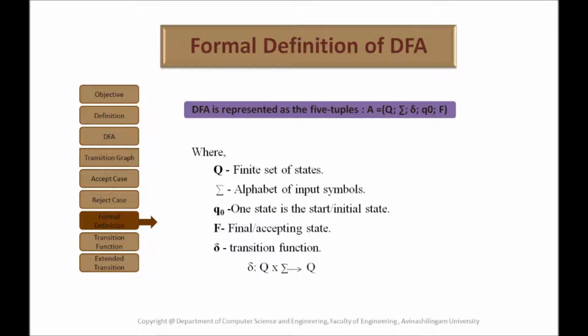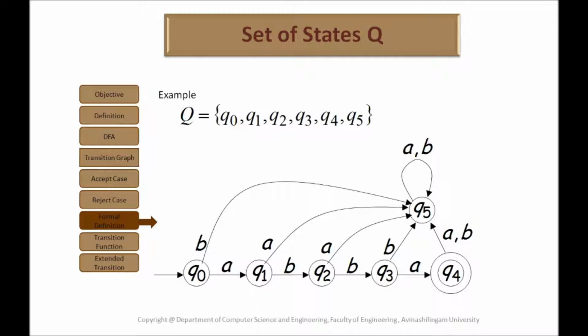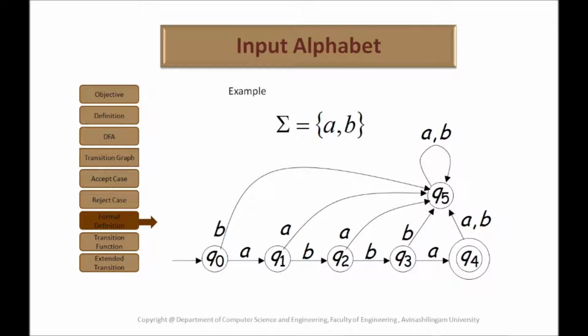Here we have seen a sample transition graph. In this transition graph, the set of states is Q = {Q0, Q1, Q2, Q3, Q4, Q5}. The input alphabet in this transition graph consists of A and B, that is Σ = {A, B}.